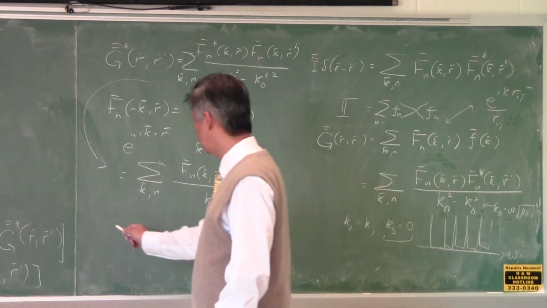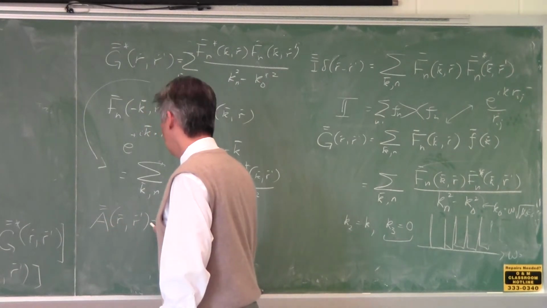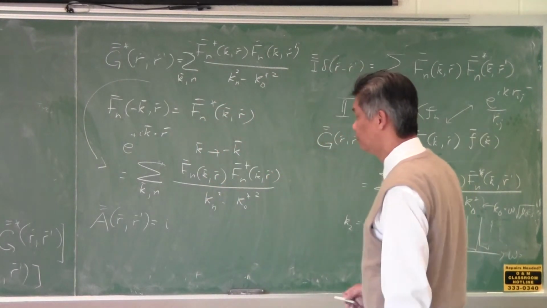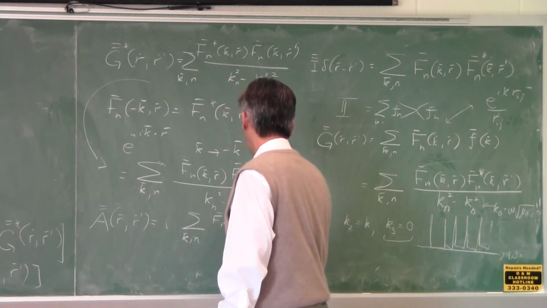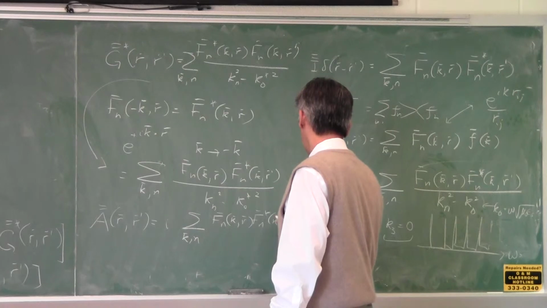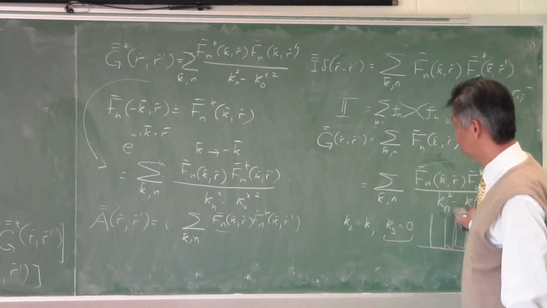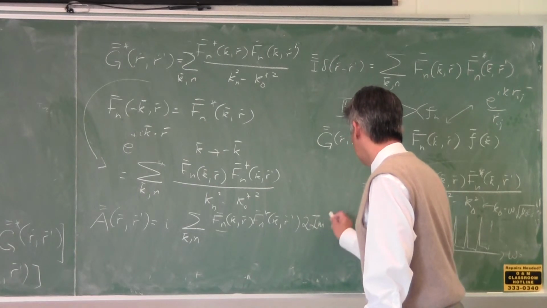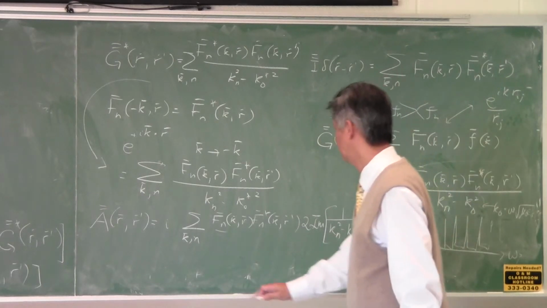So my spectral Green's function, sometimes called just a spectral function in books, will be just i times the subtraction of the 2, and then I will have kn, fn k of r, fn star k of r prime. If I subtract the 2, it is the same as taking 2 times the imaginary part of 1 over kn squared minus k naught squared, where I can take out the rest.